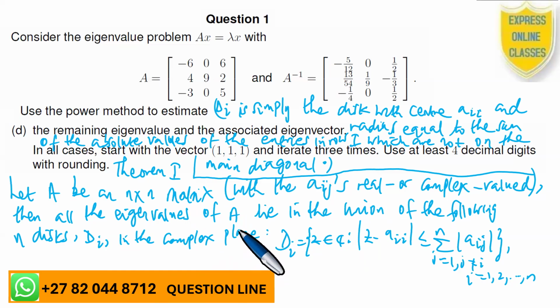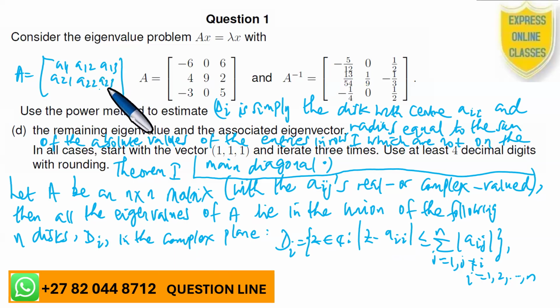So now if you let A be an n by n matrix with the aij's real or complex valued, so the entries inside the matrix, because they are A11, A12, A13, A21, A22, A23, A31, A32, A33.